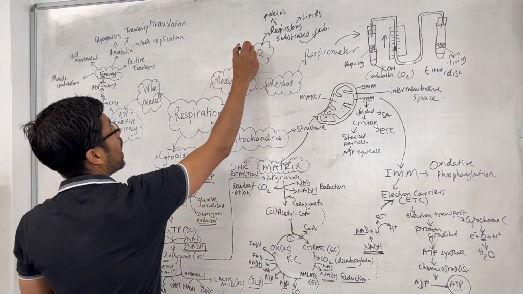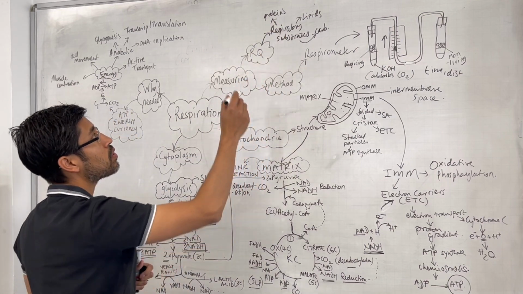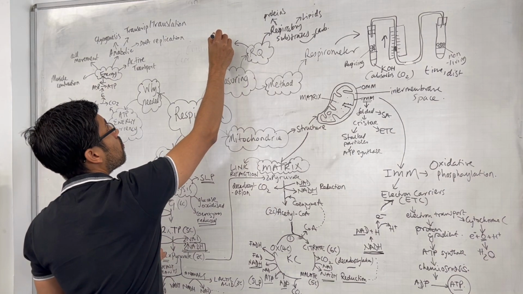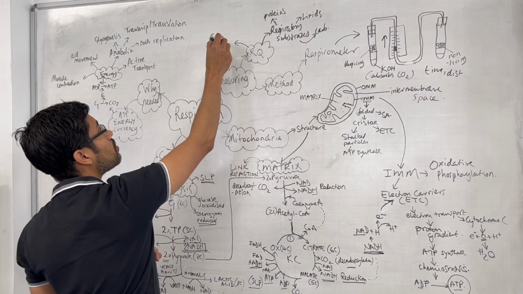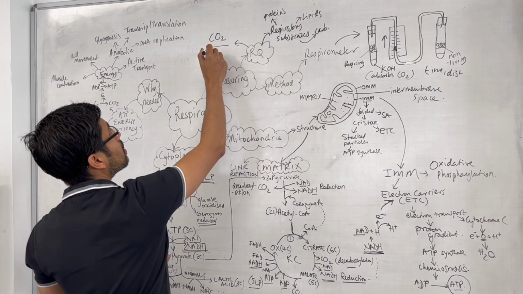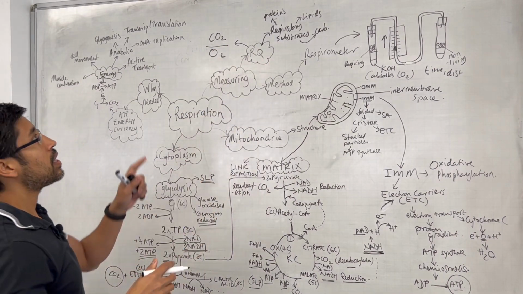As a result, they all have different respiratory quotients. Respiratory quotient is the amount of CO2 produced during the respiratory process divided by the amount of oxygen used.